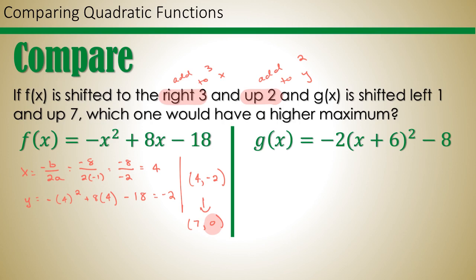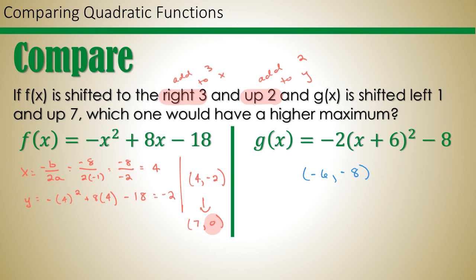Okay, so for the next one, the vertex is a little bit easier to find because it's in vertex form already. Our vertex is the point (-6, -8).